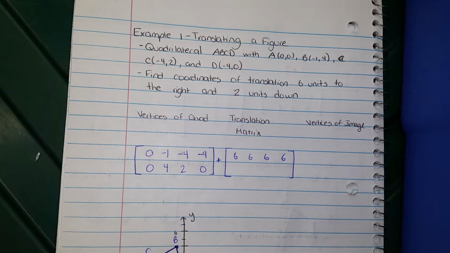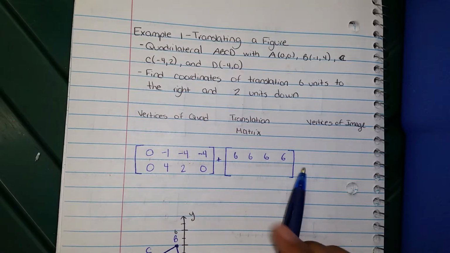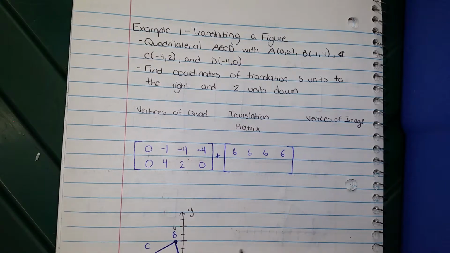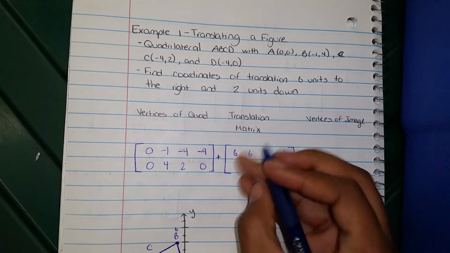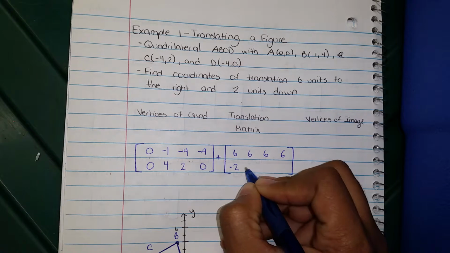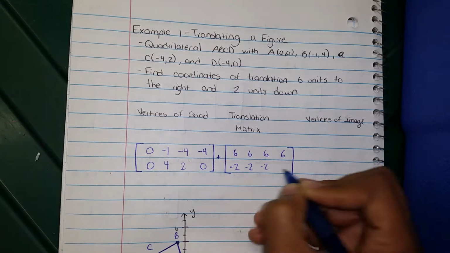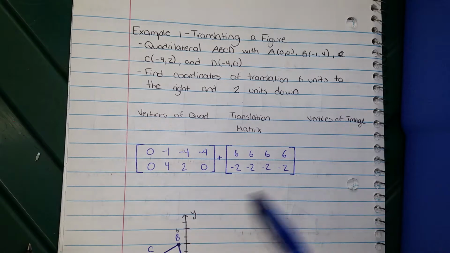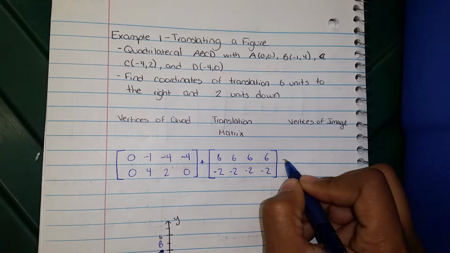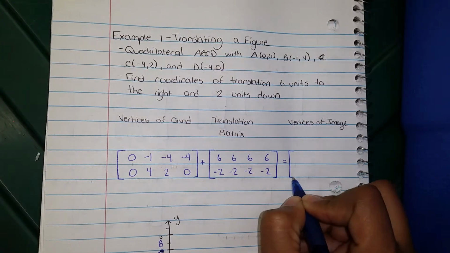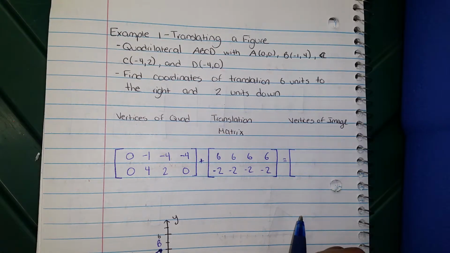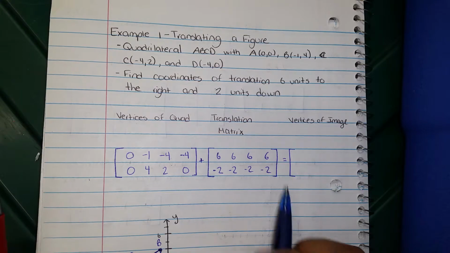And what about my y coordinates? Well, I'm moving 2 units down. I know that's going to decrease my y value. So I'm going to add -2, which is the same thing as subtracting 2. So when I do this matrix addition, I'm going to get a matrix that represents the vertices of my image, meaning my figure after the transformation.